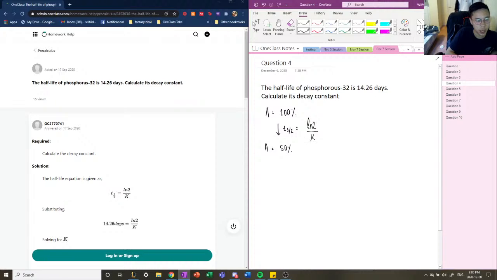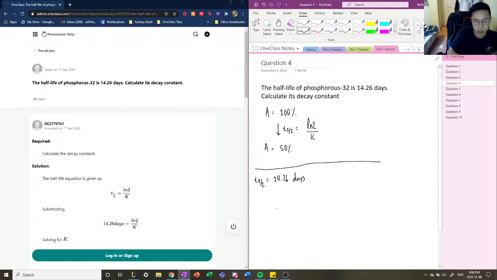In this case, we know that the half-life of phosphorus 32 is 14.26 days. So what we're given here is T of half equals 14.26 days.